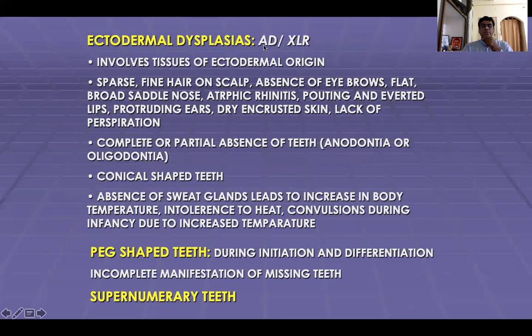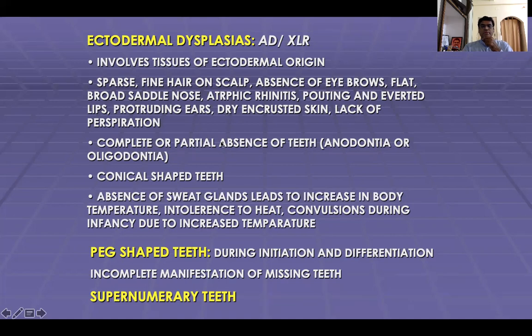Ectodermal dysplasias can be due to autosomal dominant or X-linked recessive inheritance, involving the tissues of ectodermal origin: sparse fine hair on the scalp, absence of eyebrows, flat broad saddle nose, atrophic rhinitis, pouting and averted lips, protruding ears, dry encrusted skin, lack of perspiration can be observed.